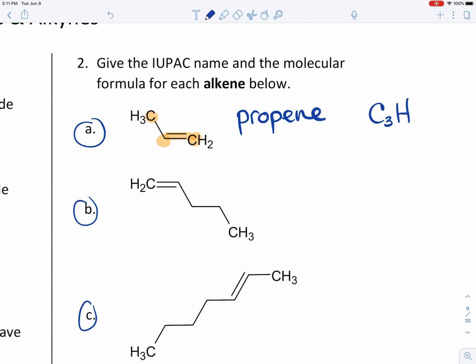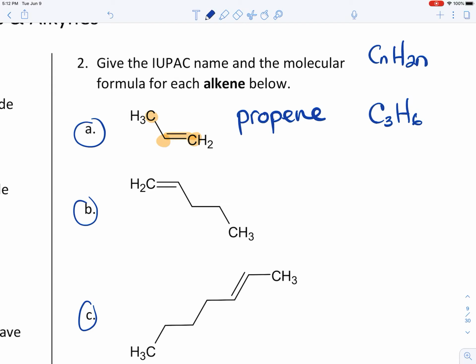It would be 2 times the carbons plus 2. But to make the double bond, you had to take away 2 hydrogen atoms. So instead of CnH2n+2, we now get CnH2n, which is the same general formula as a cycloalkane. So C3H6 would be the molecular formula for propene.